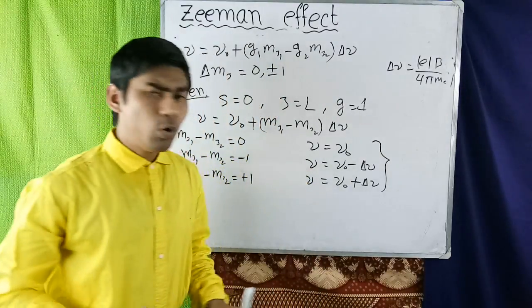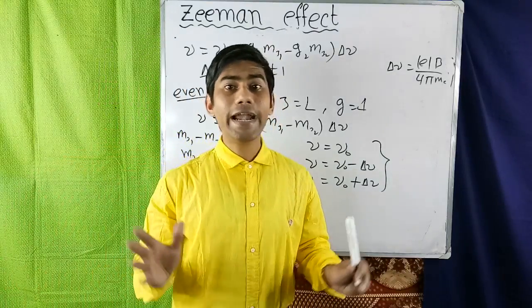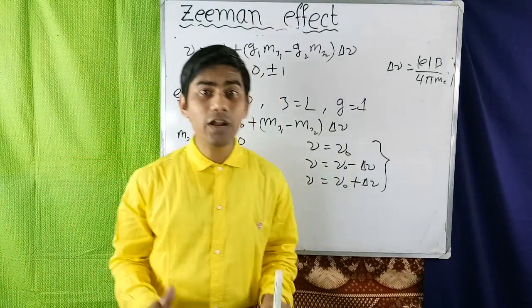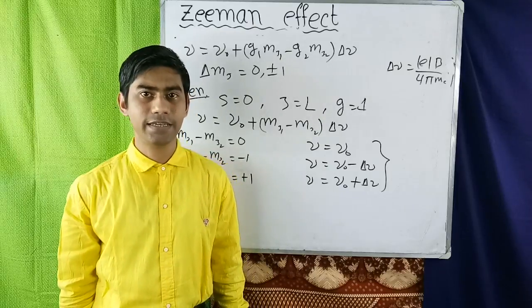Okay. Now vector atom model cannot explain the polarization of the split component lines.